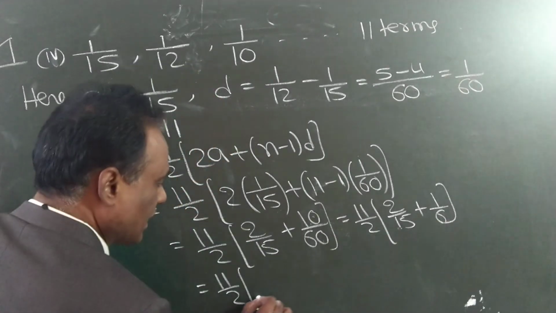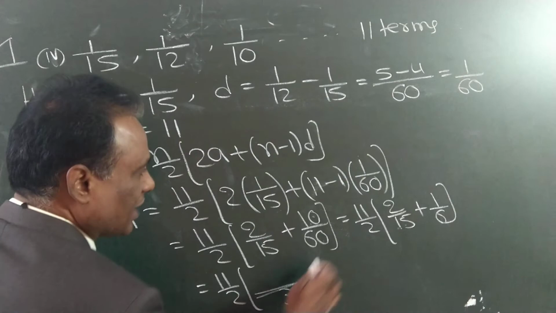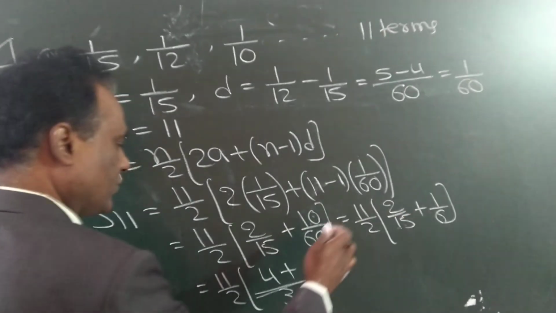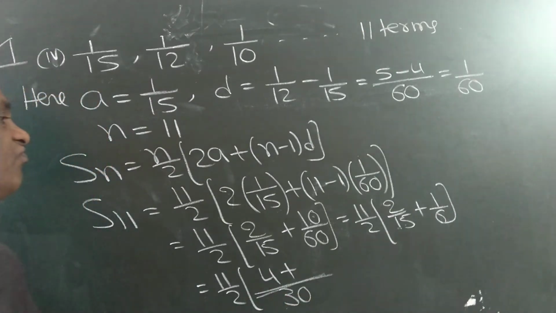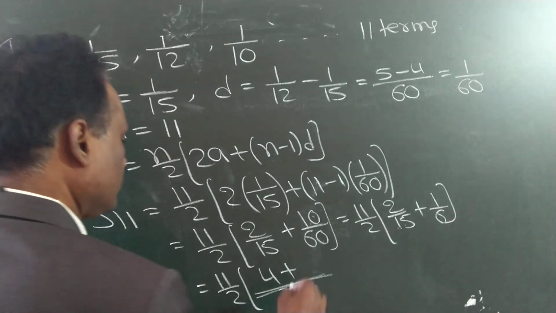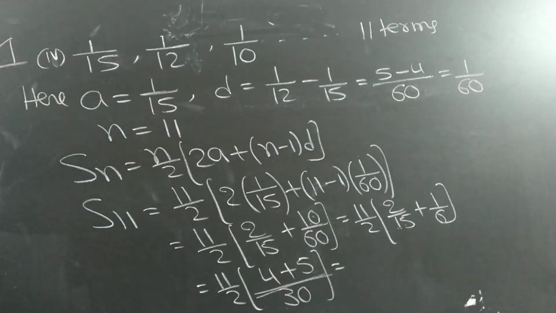Take the LCM 30 and add the fractions using the LCM. 15, 2 times, 2 twos are 4. 6, 5 times, 5. Simplify. Do the simplification.